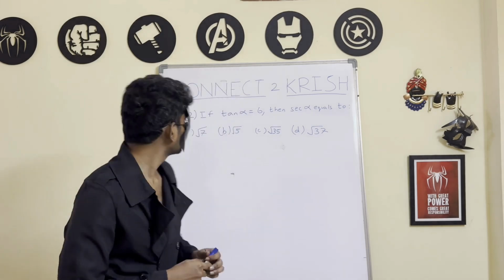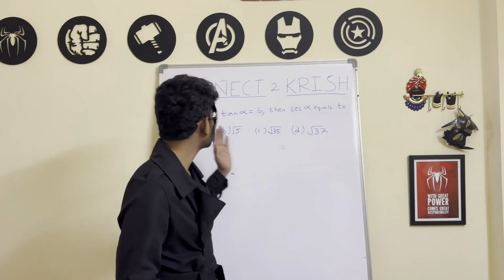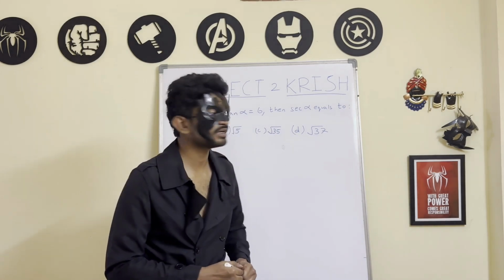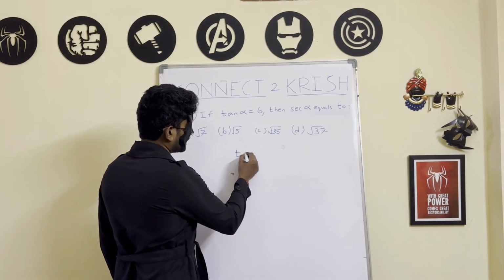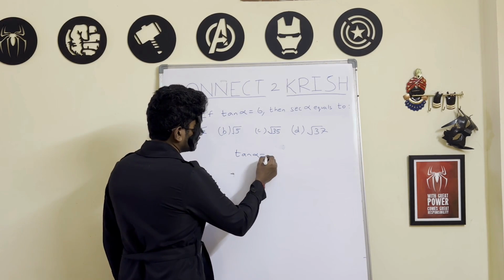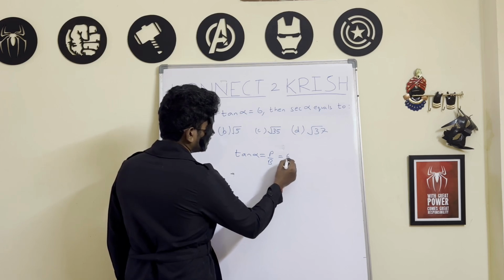So superhumans, next question is, if tan alpha is equal to 6, then secant alpha equals to what? So tan alpha is nothing but perpendicular by base, which is nothing but 6 by 1.